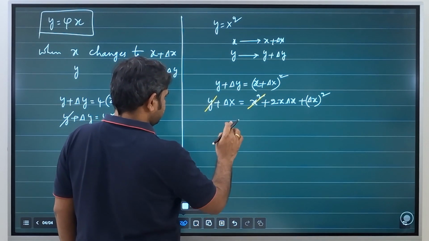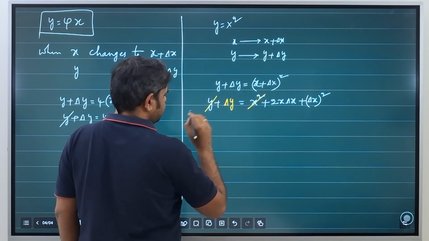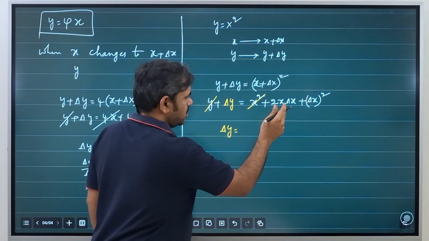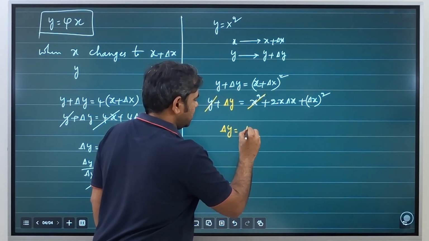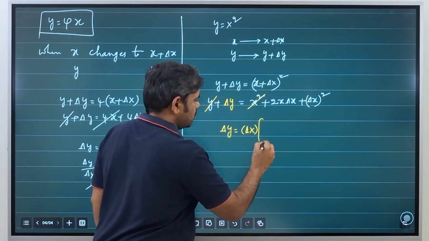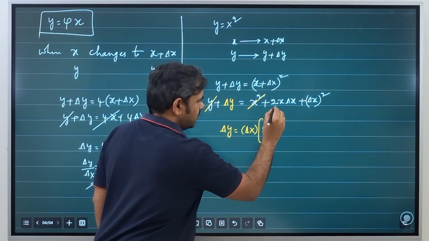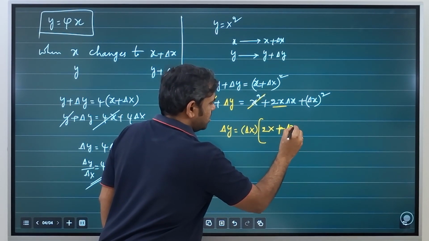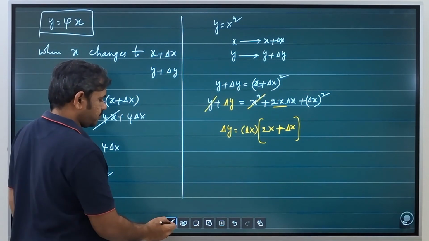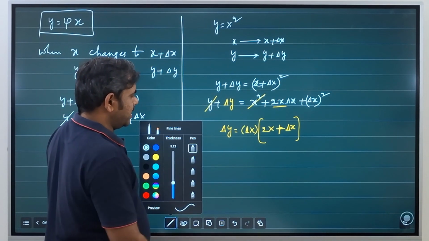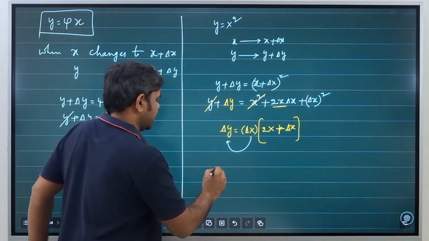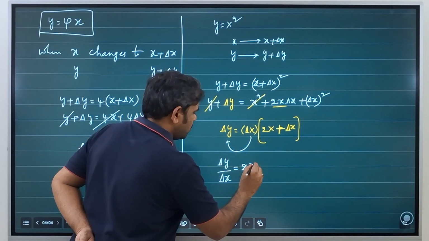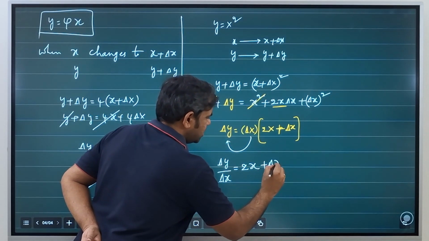This is y plus delta y. Okay. So y and x square get cancelled. You will get delta y is equal to, take delta x common on the right hand side. Take delta x out. You would have 2x in the first term and delta x in the second term. Okay. So here, take delta x to the left hand side. You will get delta y by delta x is equal to 2x plus delta x.